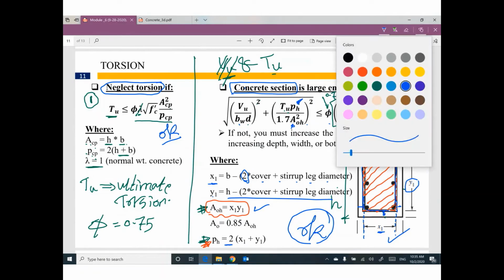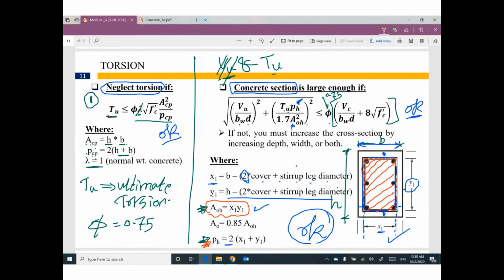T ultimate, which is the ultimate torsion moment, is smaller than or equal to this expression. By the way, phi in shear or torsion is all the time 0.75 according to ACI.